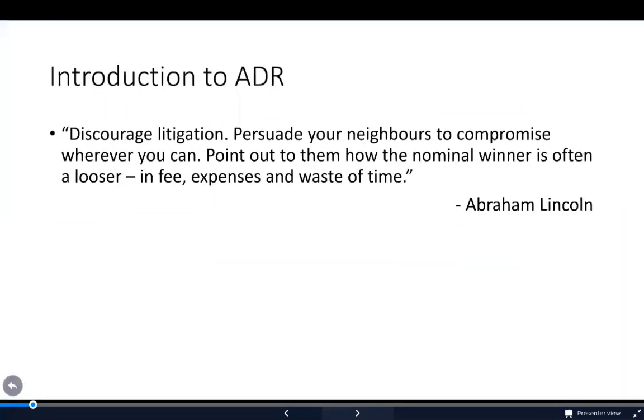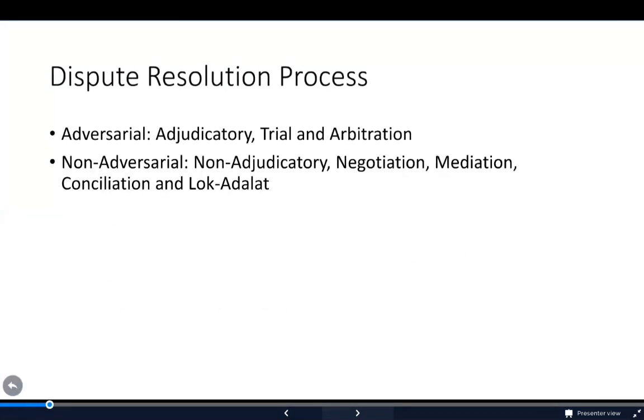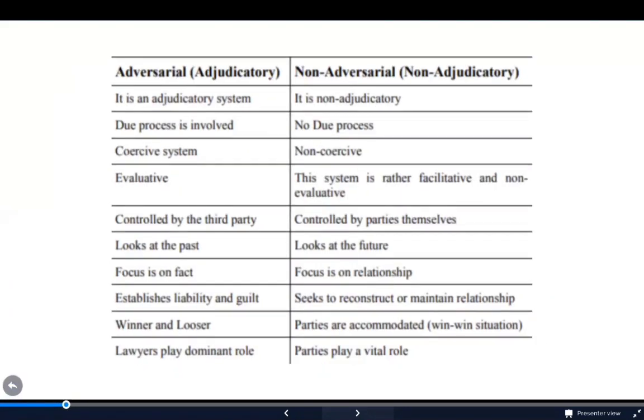Moving to the non-adjudicatory process, it's more about negotiation and mediation, which is about facilitating both parties to come to a common ground and resolve their disputes. There exists a difference between them.